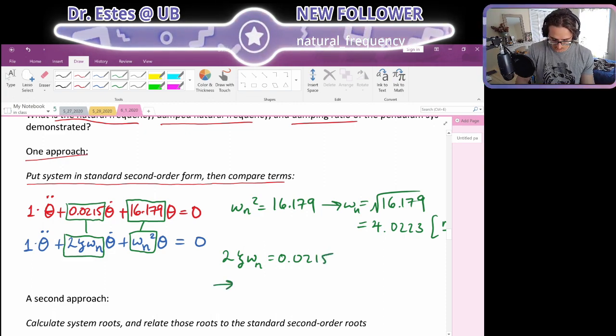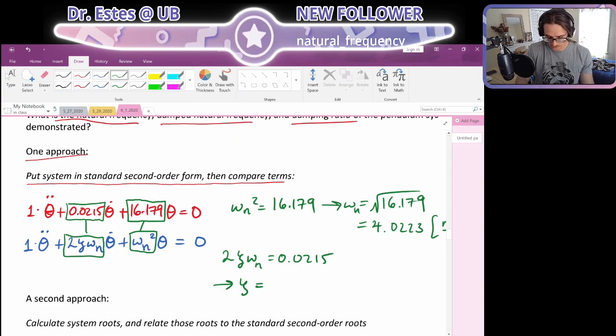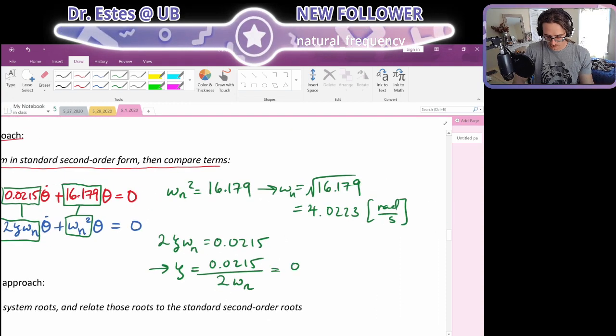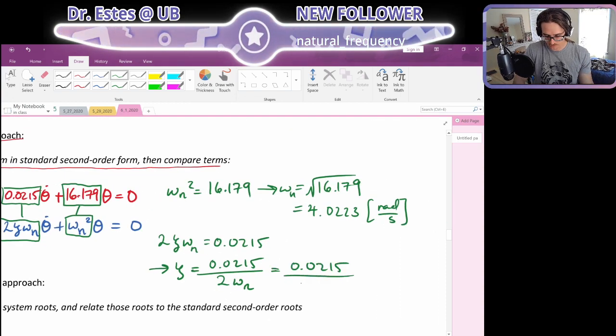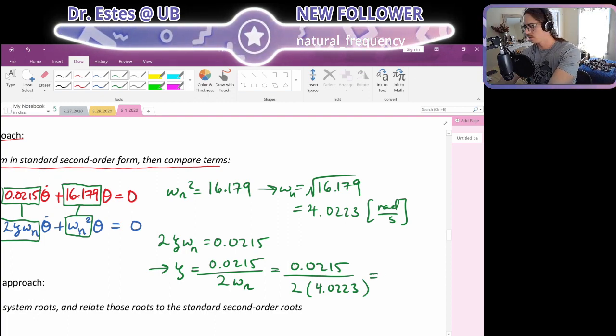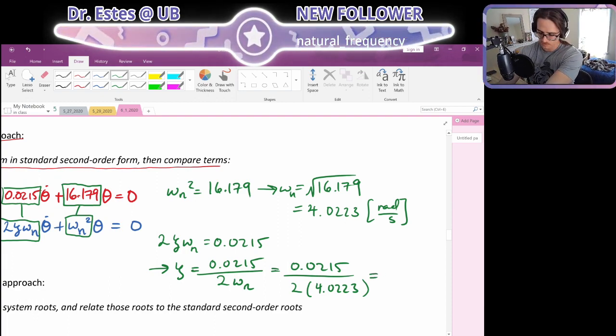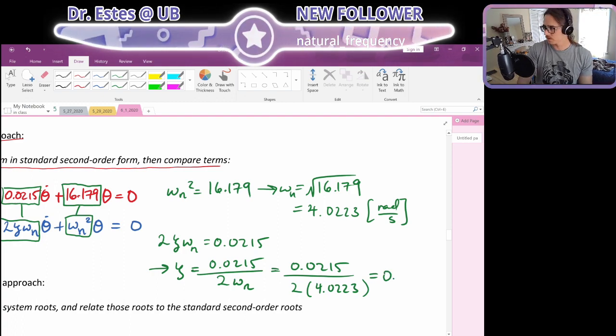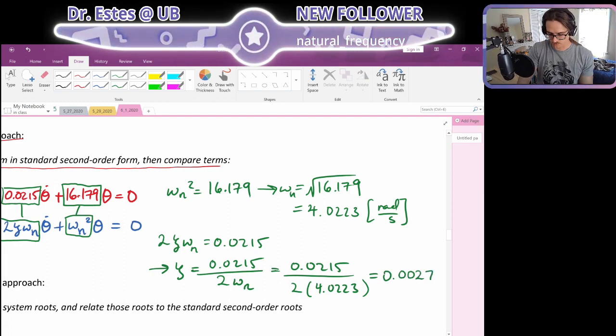So that means my damping ratio is 0.0215 divided by 2 omega n, and we already got our natural frequency is 4.0223. So 0.0215 divided by 2 times that. So that's 0.0027.